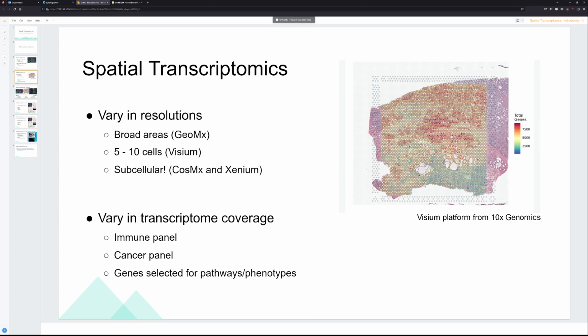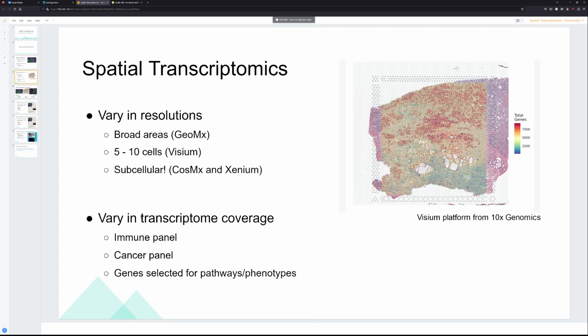Each of these has a variety of genes that they can cover. The immune panel is something like what GeoMx has, or a cancer panel. If you go with Visium, you're supposed to be able to do entire transcriptomic coverage. Of course, with that, you're going to have a lot of genes that are 0 counts, but you're able to get counts for any gene on the transcriptome.